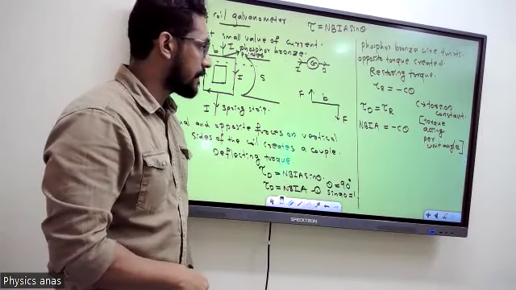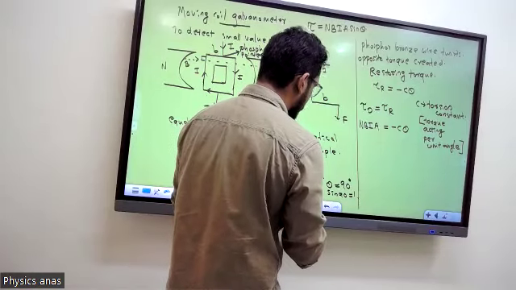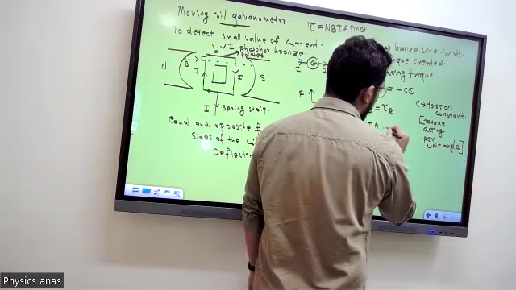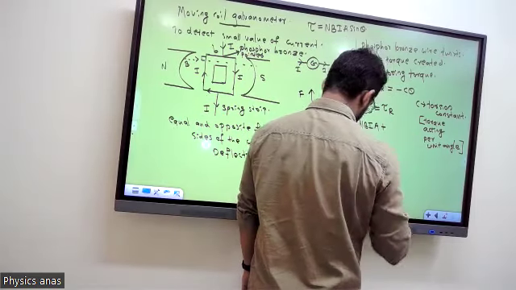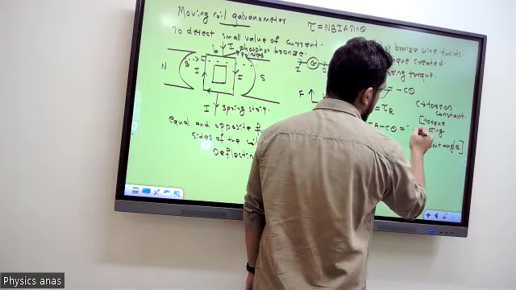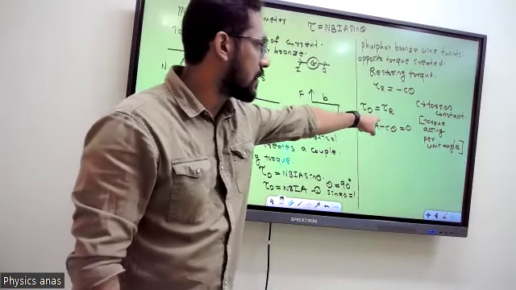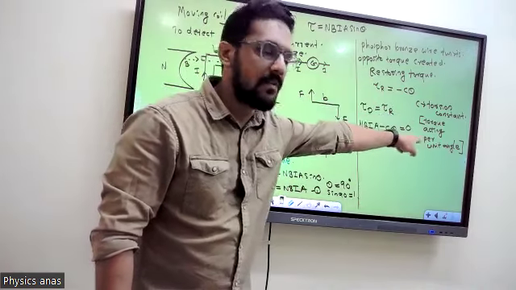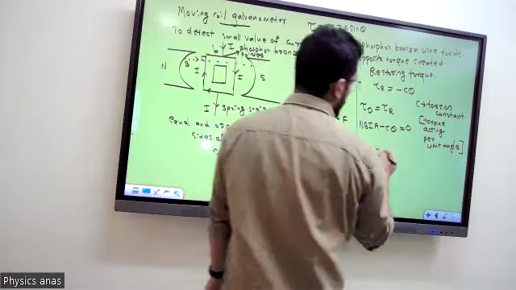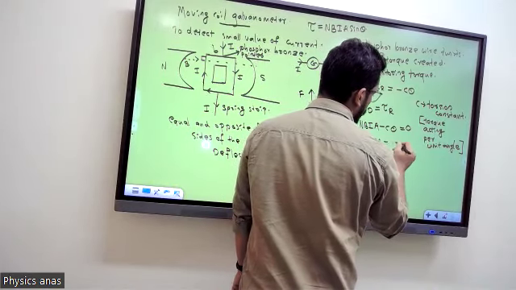If you add deflecting torque and restoring torque, they will give you 0. If you bring that over, you will get NBIA is equal to C theta.